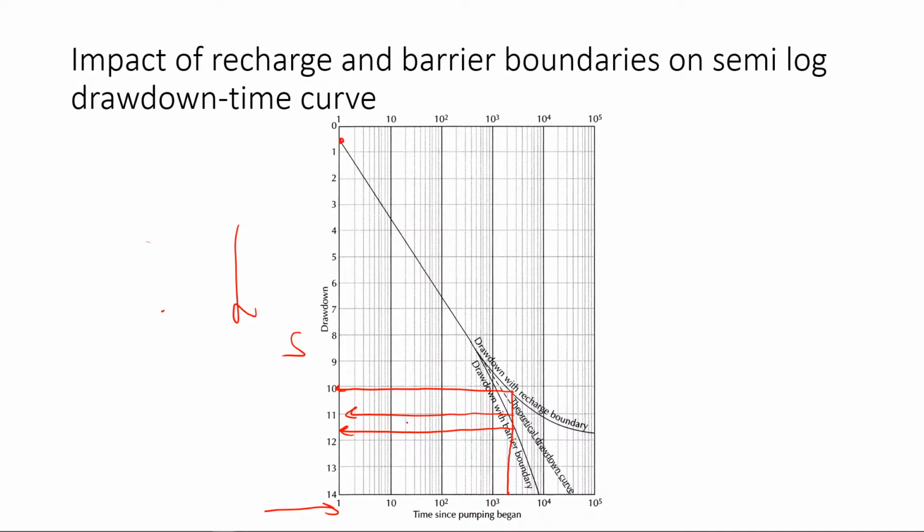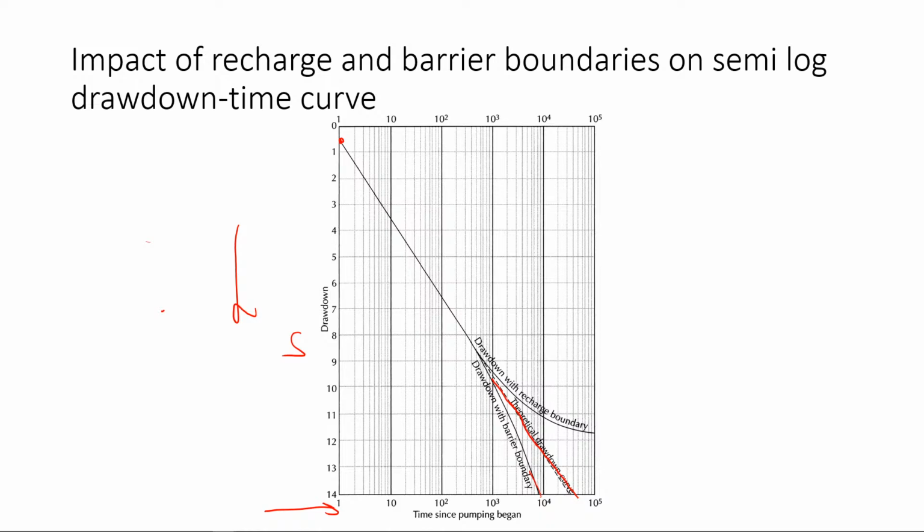Now when we do pumping tests, this theoretical drawdown is generally known. I'll talk about pumping tests in the next series of videos. This theoretical drawdown is known, but we can tell if we have a recharge boundary or impermeable boundary by comparing the drawdowns that we are getting with the theoretical one.